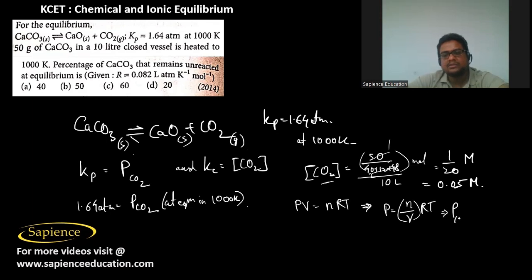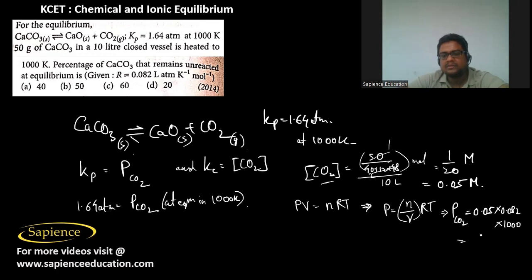Therefore, the pressure of CO2 will be equal to 0.05 into R, that is 0.0821 liter atmosphere per mole per Kelvin, into the temperature, which is 1000 Kelvin.